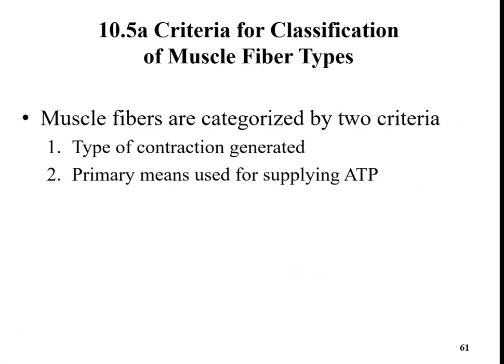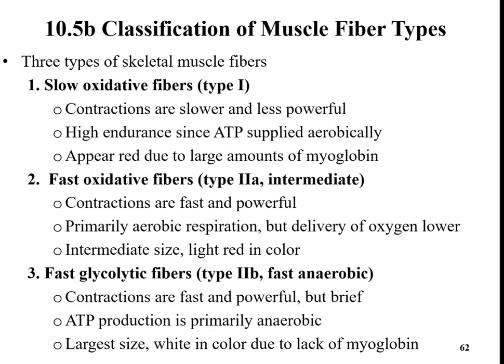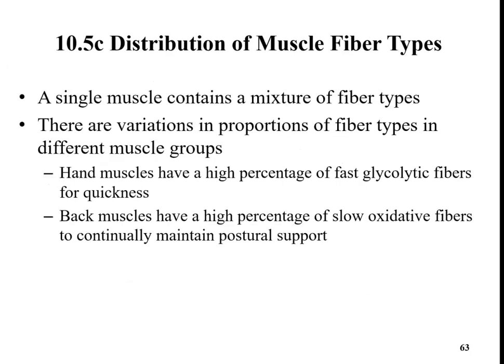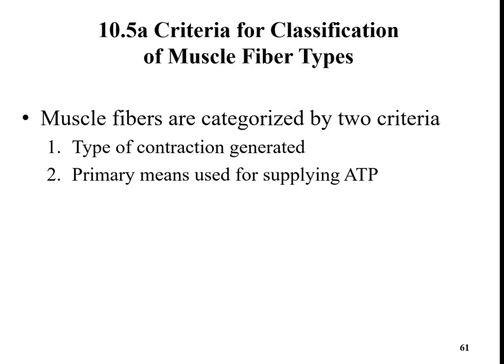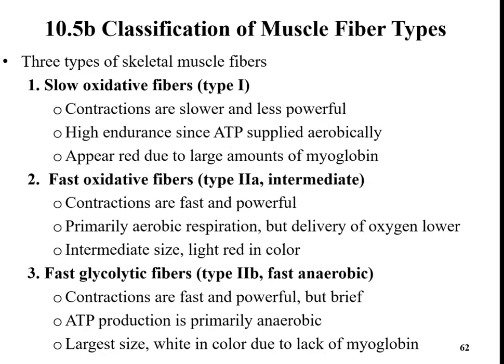Okay, muscle fiber categorization. They're going to be categorized by 2 criteria: the type of contraction generated, or the primary means used for supplying ATP. As far as the primary means used for supplying ATP, we have slow oxidative fibers, fast oxidative fibers, and fast glycolytic fibers.